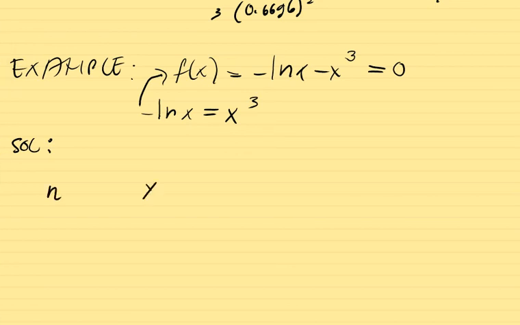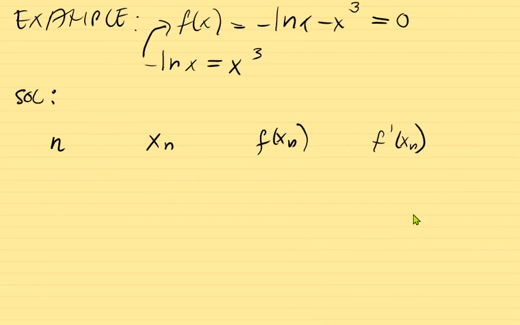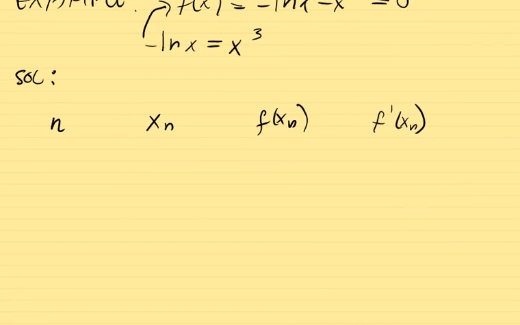Then we have xn, then f of xn, then f prime of xn. These are the variables that we will be needing in our table for the Newton-Raphson method.